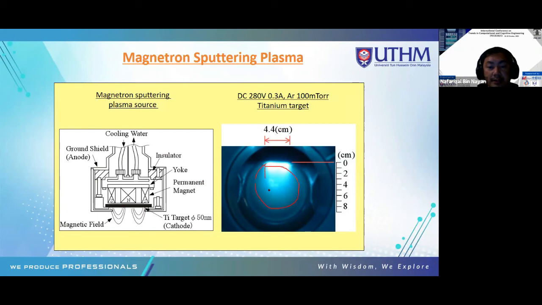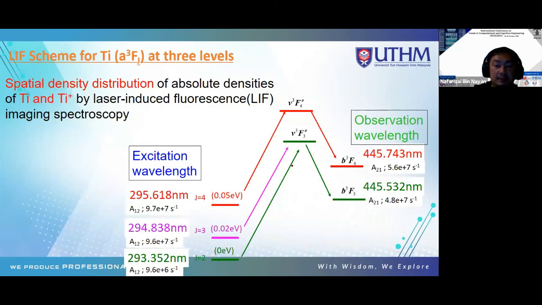For the laser-induced fluorescence technique, we have a laser that has to be tuned at a specific wavelength so that we can capture the atom at a particular level. For example, in this case, we are trying to capture the titanium atom at 3 levels.